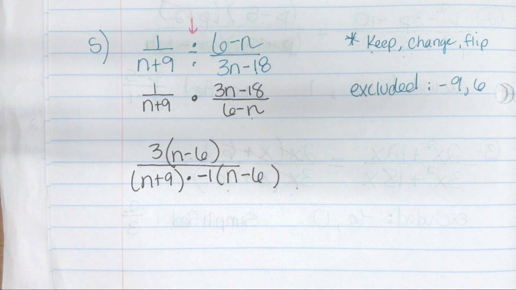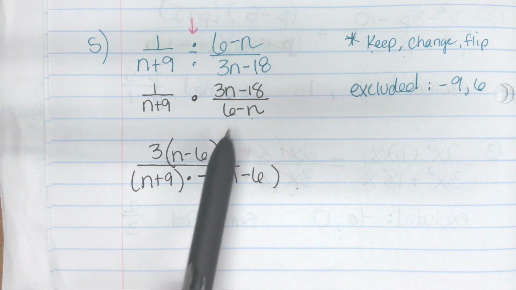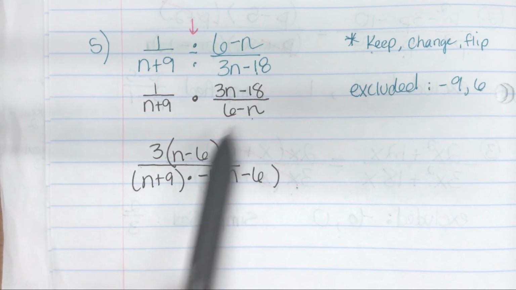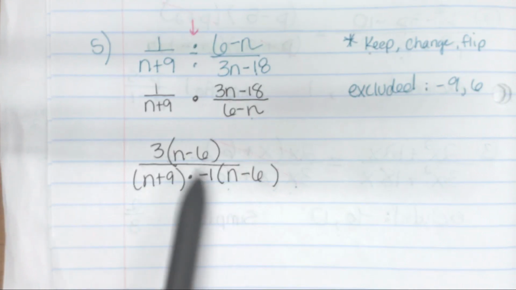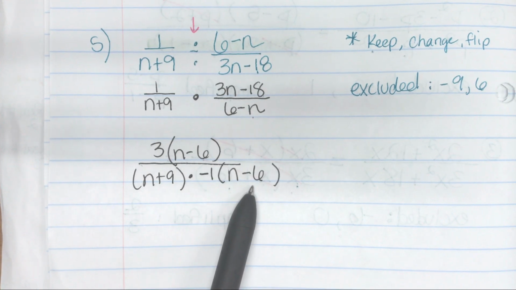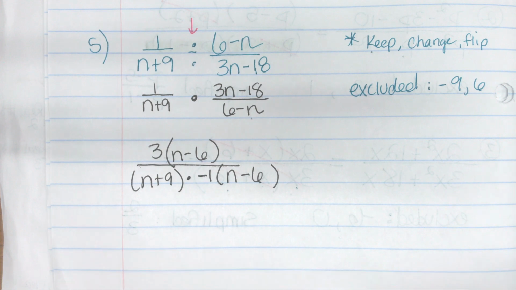Why did I take out a -1? We could take a -1 out of anything, but why would I do that? Because if this was just 6 minus n, I could not cancel that with n minus 6. But now that I took that -1 out, these are, and so I could simplify this. So we're going to go ahead and cancel these.